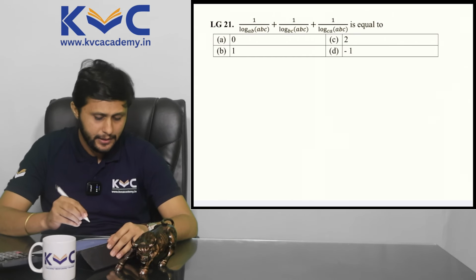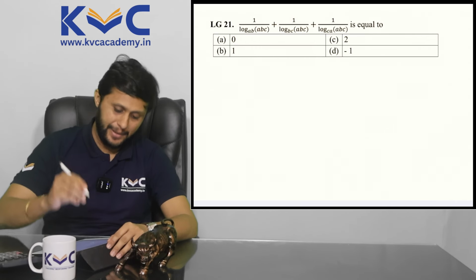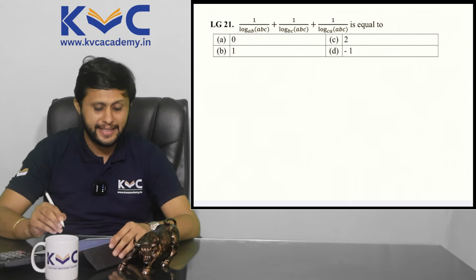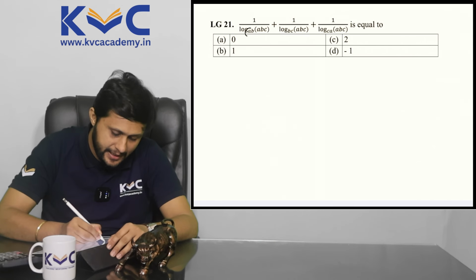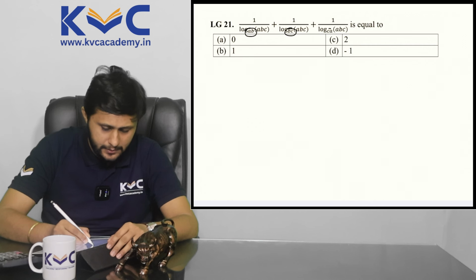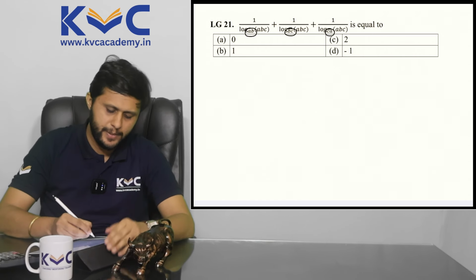Moving on to the next question, we have 1 divided by log ABC to base AB plus 1 divided by log ABC base BC. Earlier we had base AB, now we have base BC, and if you see the third part, we have base CA, different base. So what we'll do is we'll change base.